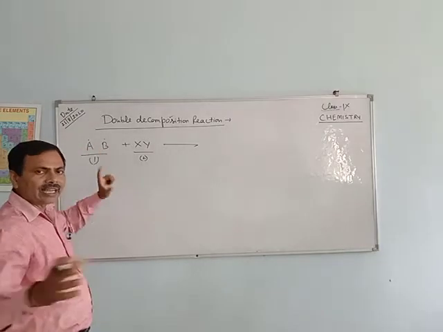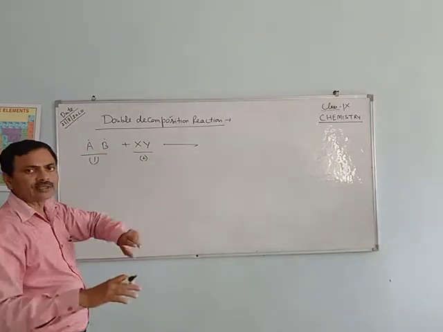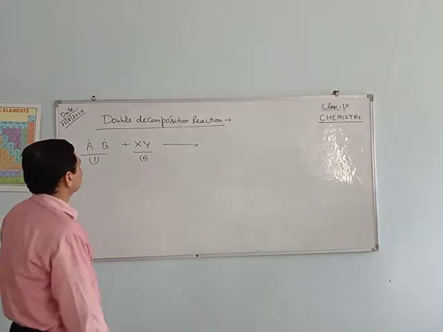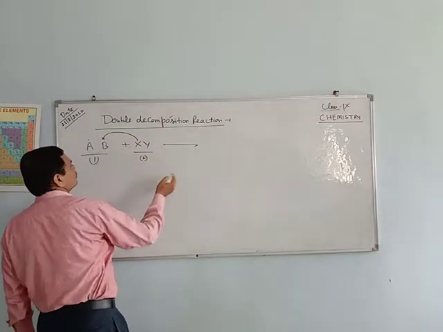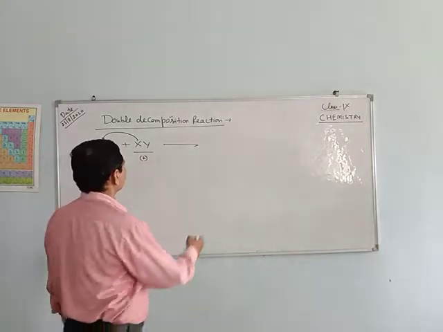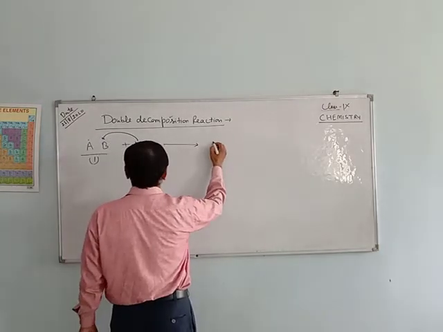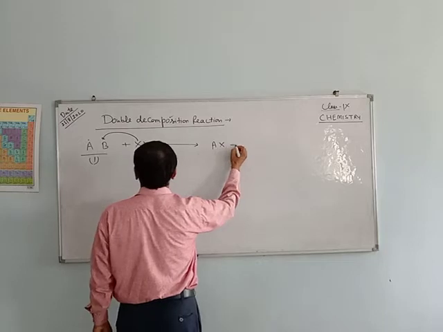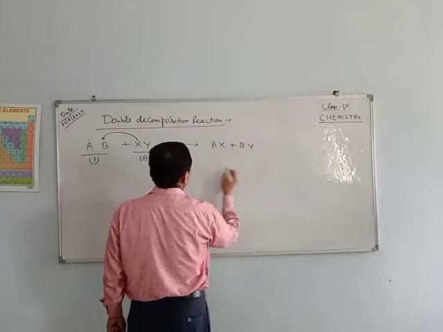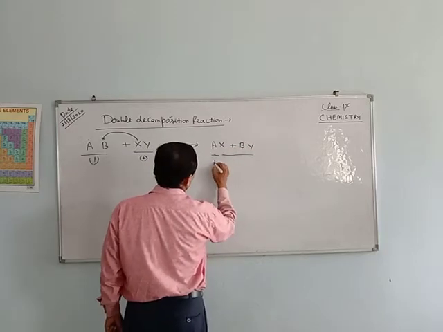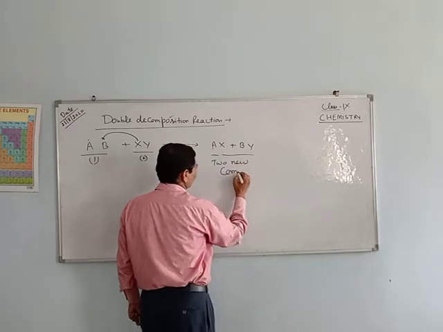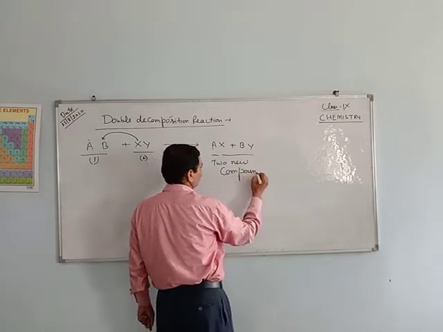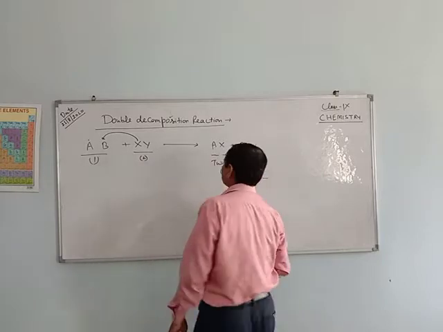AB splits into A and B, XY splits into X and Y. Now they are positioned as AX plus BY. These are 2 new compounds.